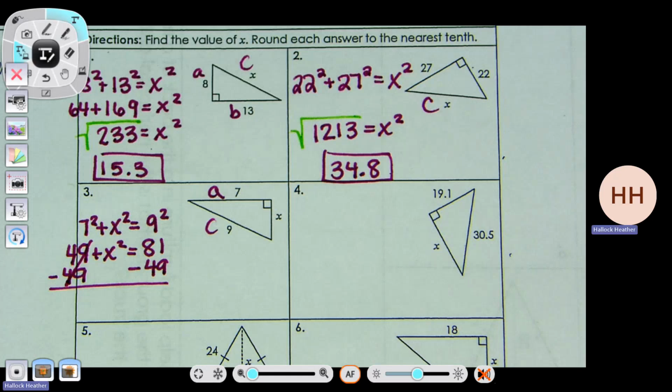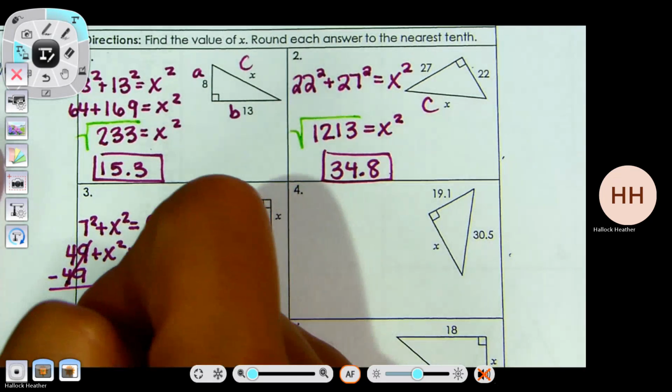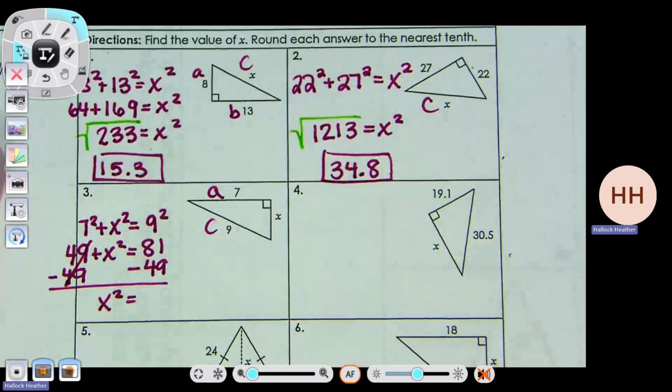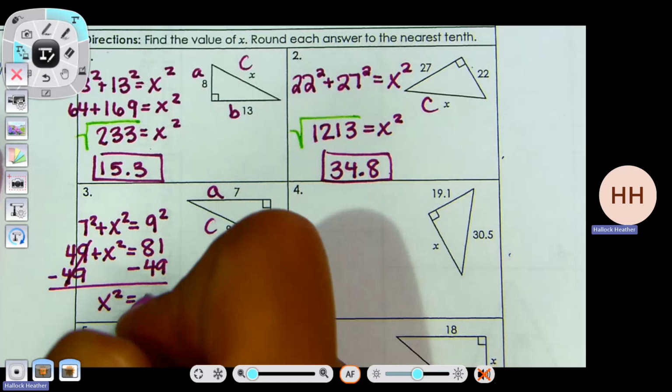If you knew A and B and you were finding C, it's super simple because you just square it and add it. But because I know C, I have to find the leg that's not it. Does that kind of make sense? So when I subtract those, what do I get? 32.